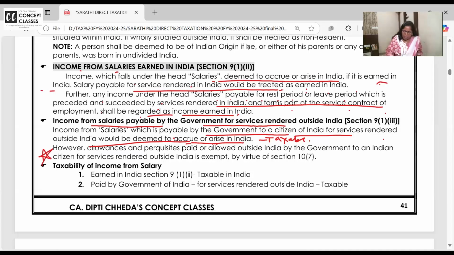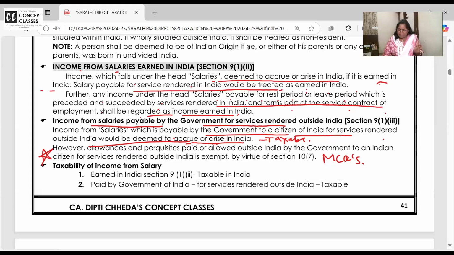But here this point is important for MCQ. See, any allowances or perquisites. Now this is in the salary chapter. Apart from your 50,000 salary, I give you house rent allowance, medical allowance, some perks, a car with driver, chauffeur, right?